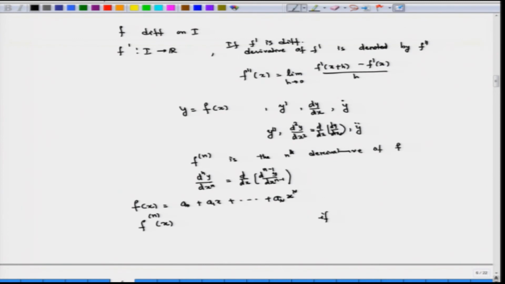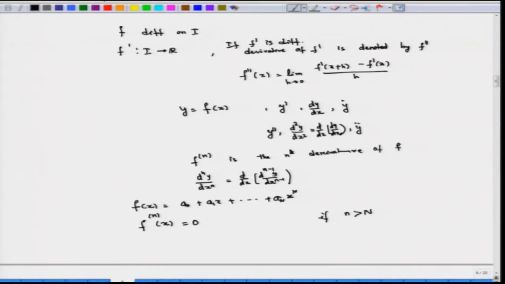If I take the first derivative, a 0 goes away and a 1 becomes the constant term. If I take the second derivative, a 1 goes away and it starts from a 2. If I take the nth derivative, only a n is there, and the derivative is 0 for orders strictly bigger than n, because at the nth derivative you land up in the constant term a n, and the derivative of this constant is 0. So a polynomial has derivatives everywhere.